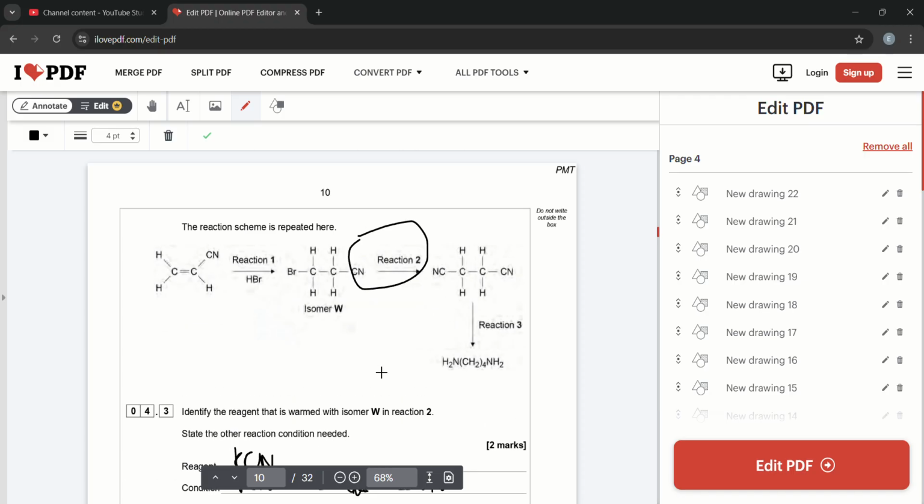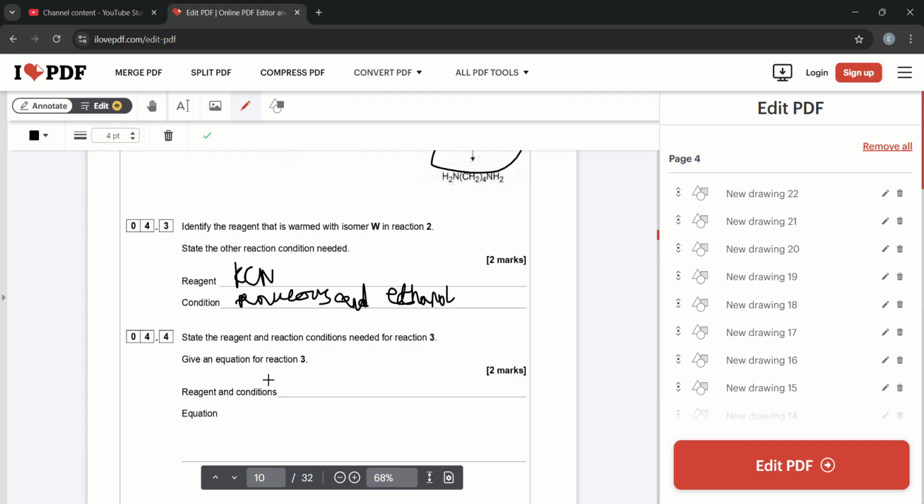State the reagent and reaction conditions needed for reaction 3. Reaction 3 is going to be hydrogen gas, H2, and Ni.